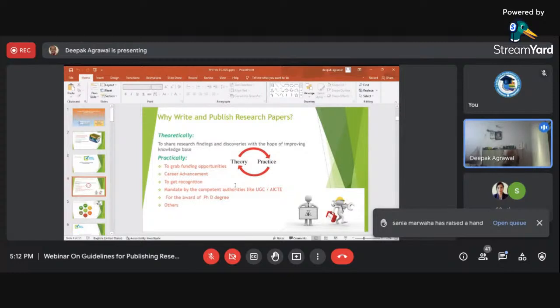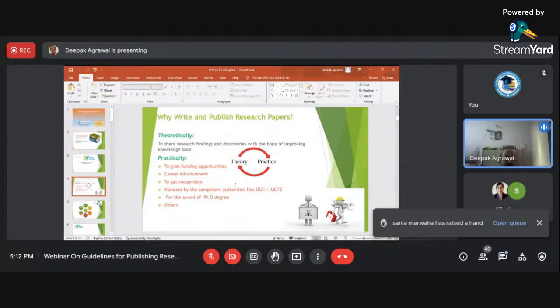The first is the theoretical objective, that is to share the research findings and discoveries amongst others, maybe your peer group or maybe the society, which provides new findings and outcomes that are beneficial for the upliftment of the society. This is one of the reasons for publishing the research paper. Second is the practical approach, which includes features like grabbing funding opportunities.